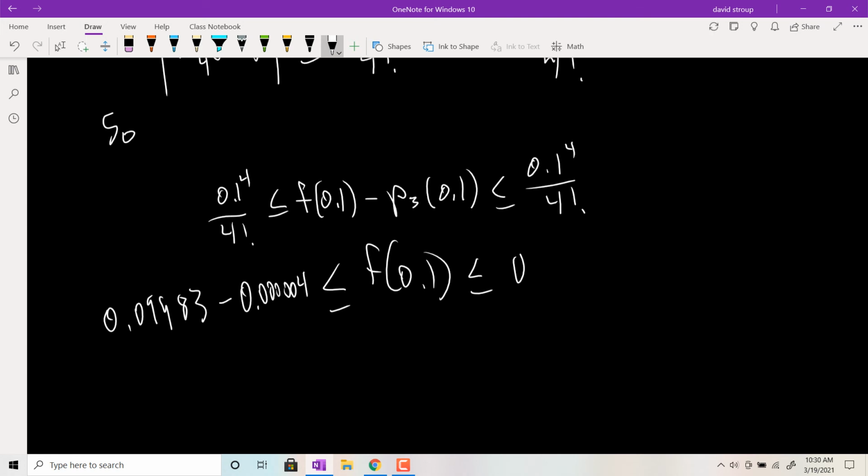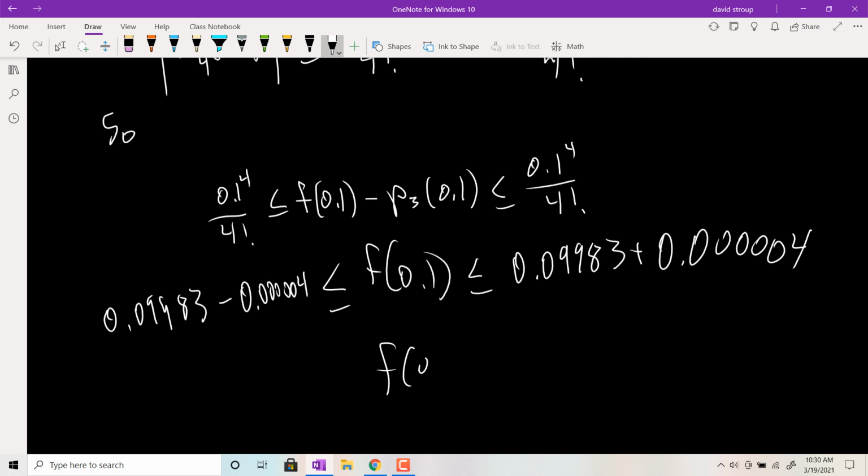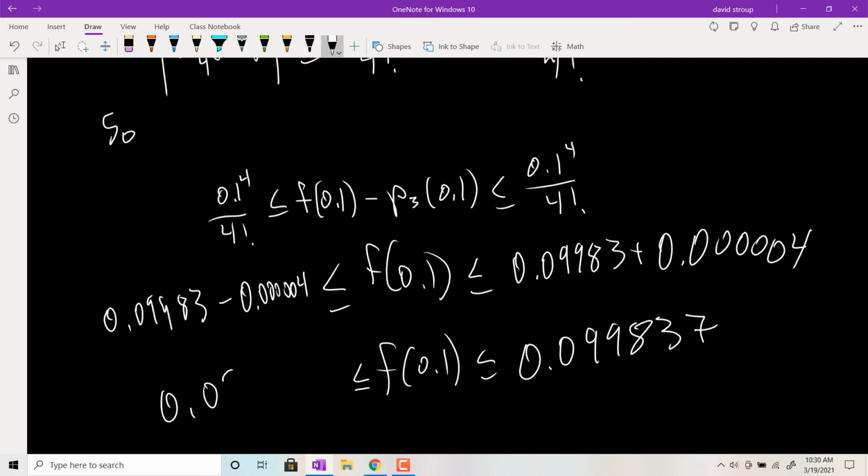On this side, you'll have 0.09983 plus 0.12345. So f of 0.1 will be in between 0.099837 and 0.099829. Okay.